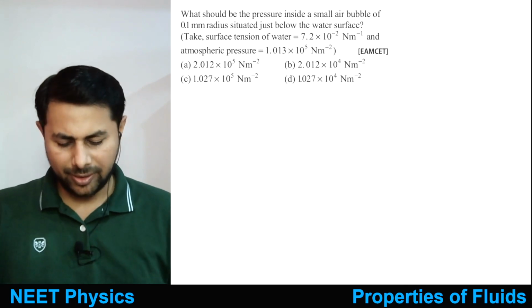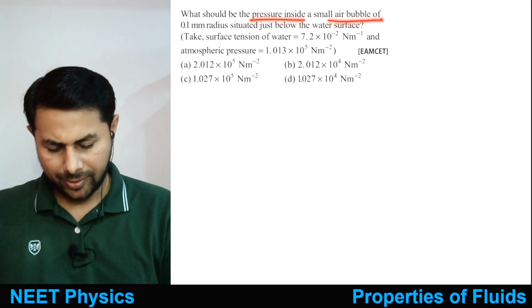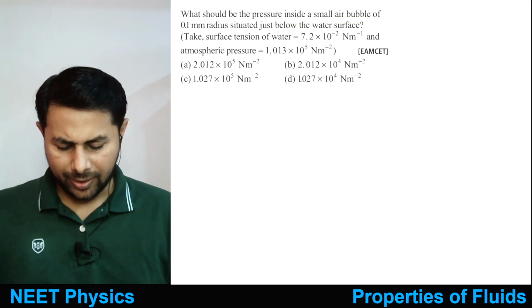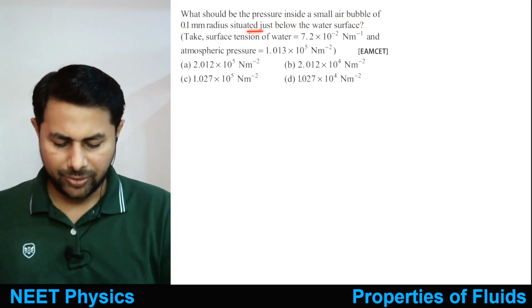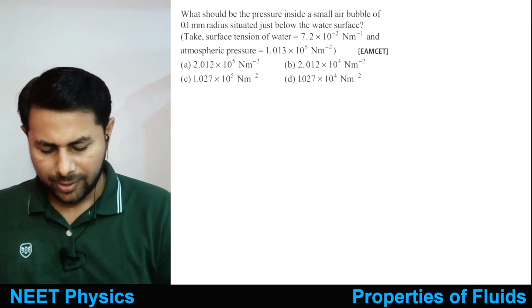Alright, let's see next one. What should be the pressure inside a small air bubble of 0.1 mm radius situated just below the water surface, okay. So tell me.